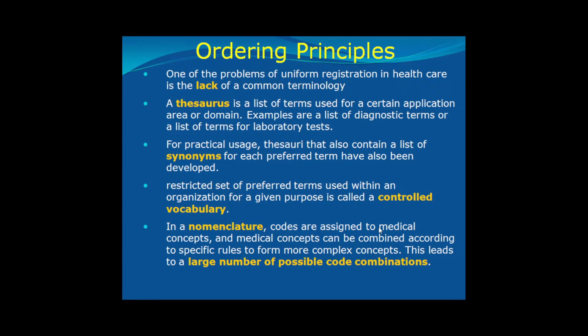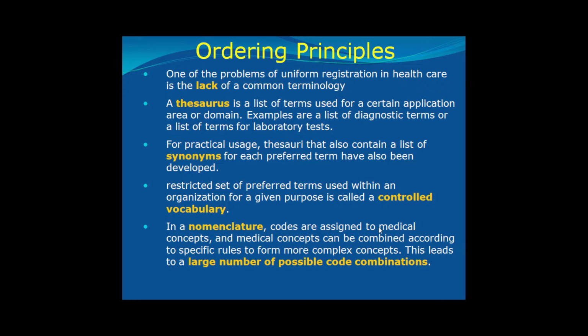A restricted set of preferred terms used within an organization for a given purpose is called a controlled vocabulary. In a nomenclature, codes are assigned to medical concepts, and medical concepts can be combined according to specific rules to form more complex concepts.